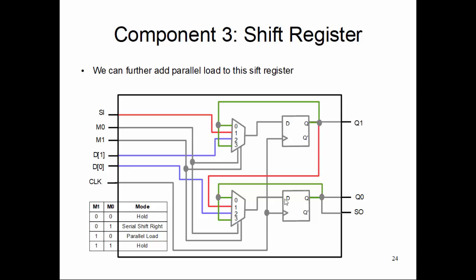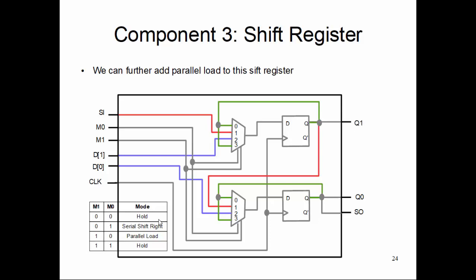Now I also want to know: not only shift right, can I do a shift left as well? We can do it. Remember, we have the hold mode, and we just need to assign one of the modes as a serial shift left, and let's see how the connection differs. This is the scan out for the shift right.